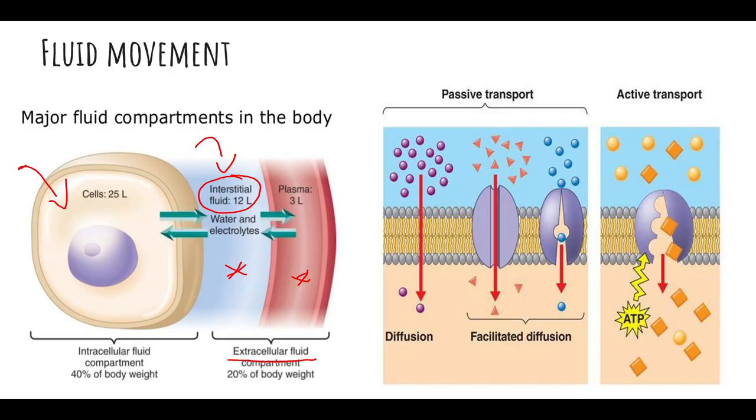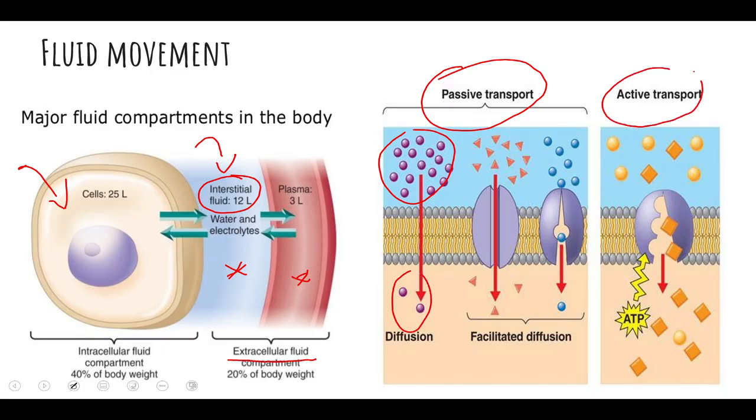So that's where the CRRT machine comes into place. Now, the fluid transport across this membrane could be through passive transport, such as diffusion, when solutes move from a higher concentrated area into a lower concentrated area. And it could be through active transport by means of ATP or energy, right?